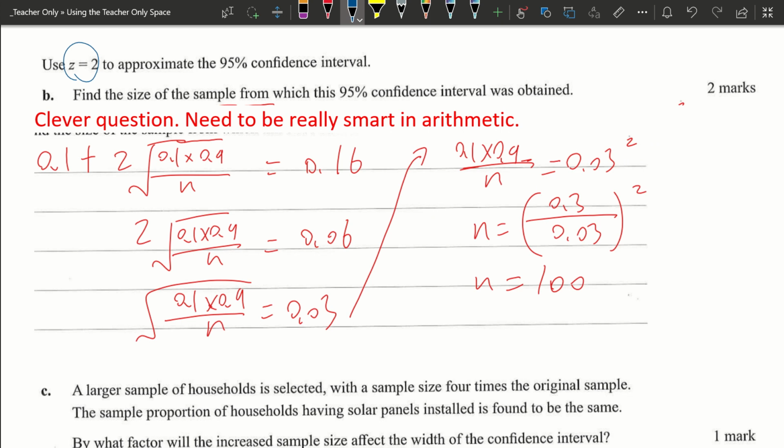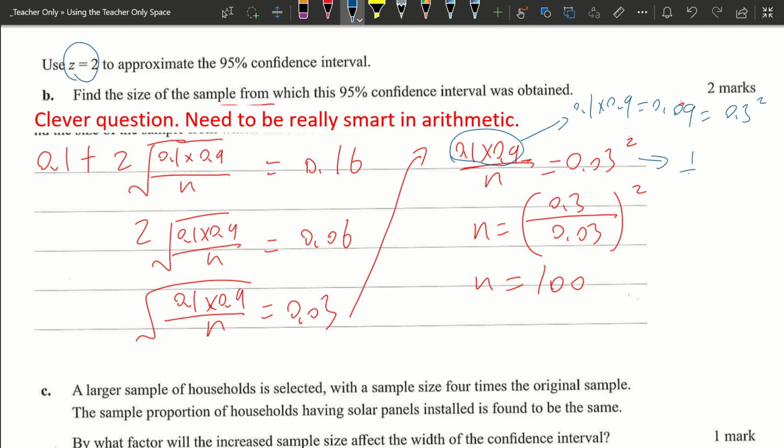In terms of the arithmetic, the number crunching, this is 0.09. Let me write this properly. 0.1 times 0.9. And if you're clever, you will realize it's 0.3 squared, which is 0.09. So you can get this line here. I'm skipping a few steps here, right?